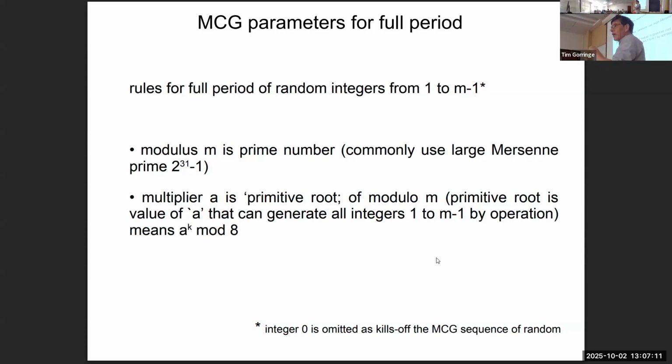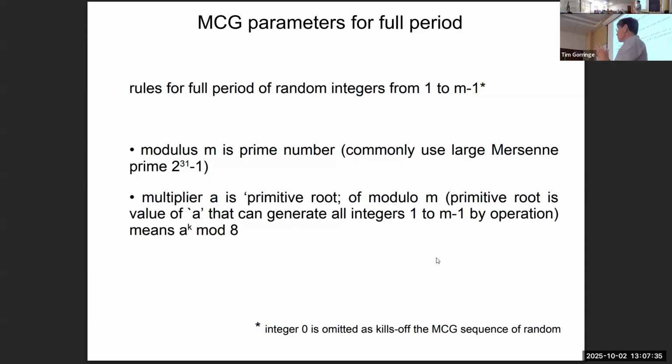We want to make A have a value that will generate all the random integers from the lowest random integer, which we'll see in a moment is actually not 0, it's 1, up to m minus 1. That's called a full period.